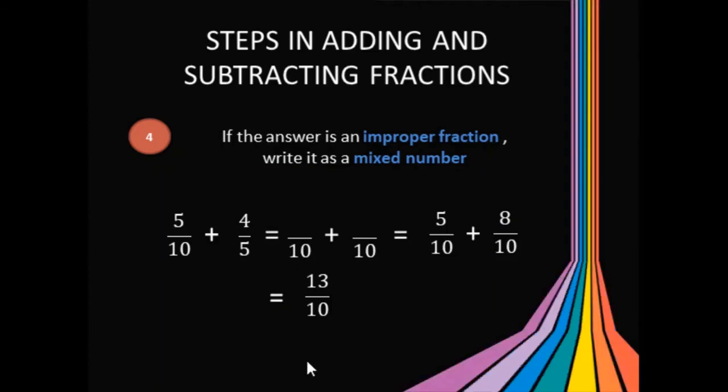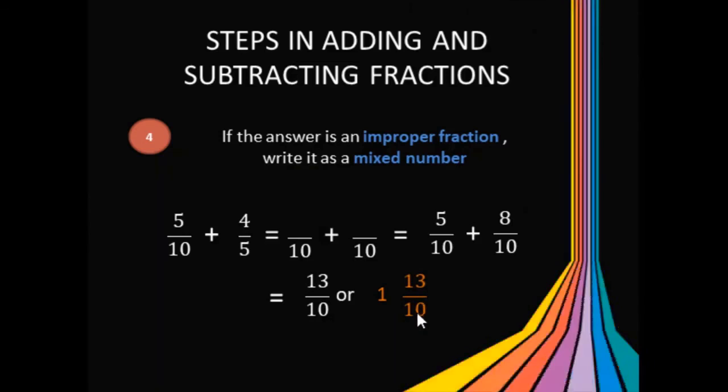If this is the case, we need to write the answer as a mixed number. We get the mixed number by dividing 13 by 10. Thus, we get 1 and 3 over 10.